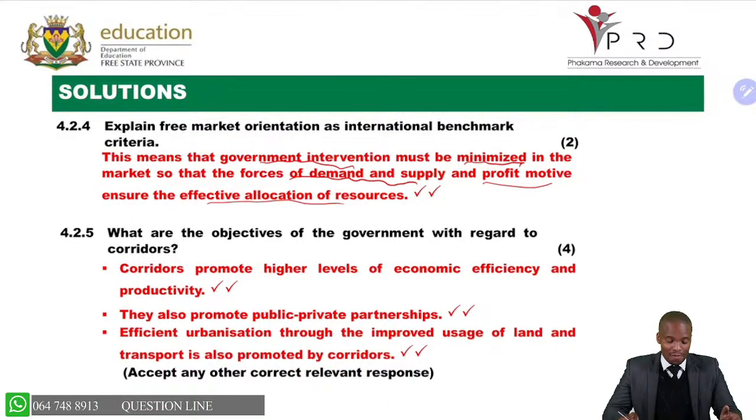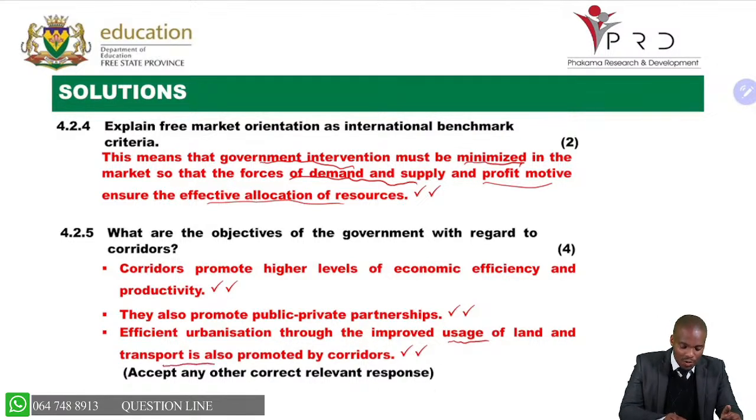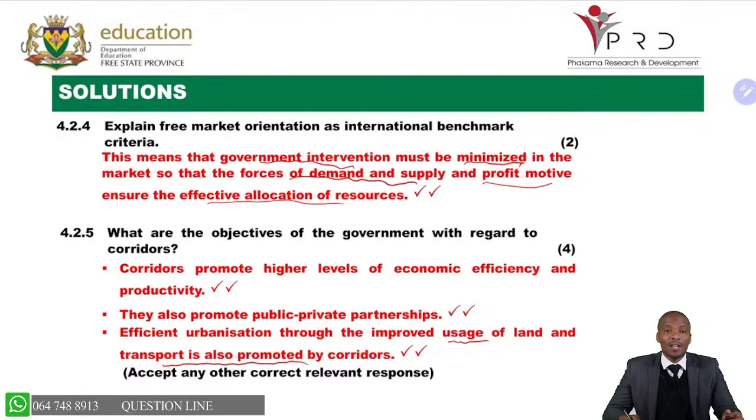Also, we are saying they are efficient urbanization through the improved usage of that land for transport purposes. Now, because already in question 4.2.3, we asked you to briefly describe the term corridor, and we allocated 2 marks for that. If you mention the description again here of what a corridor is, you're not going to get marks for that because already they've been awarded. So it will be repetition.